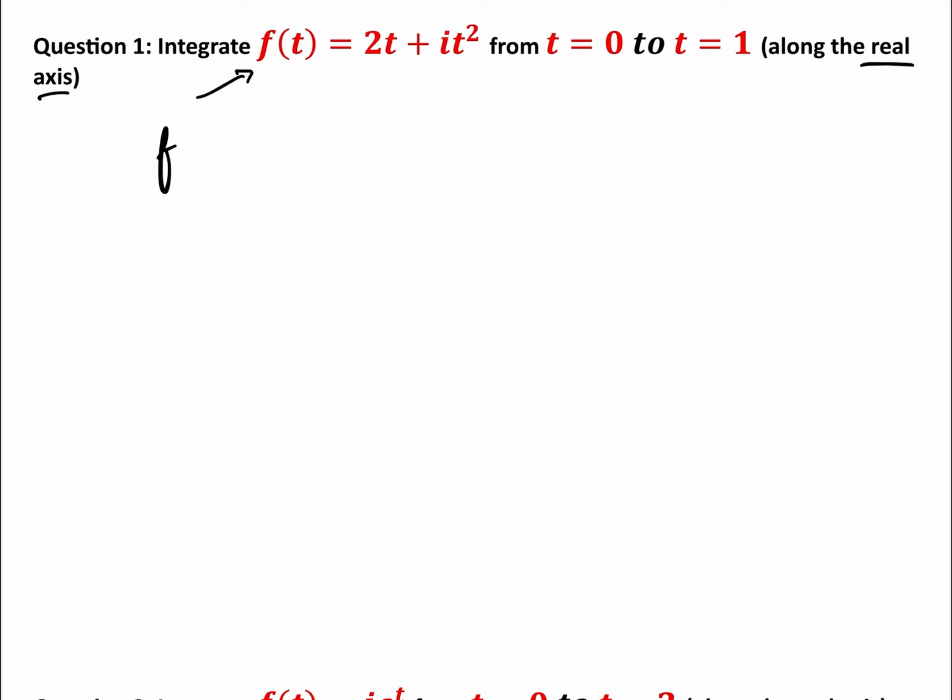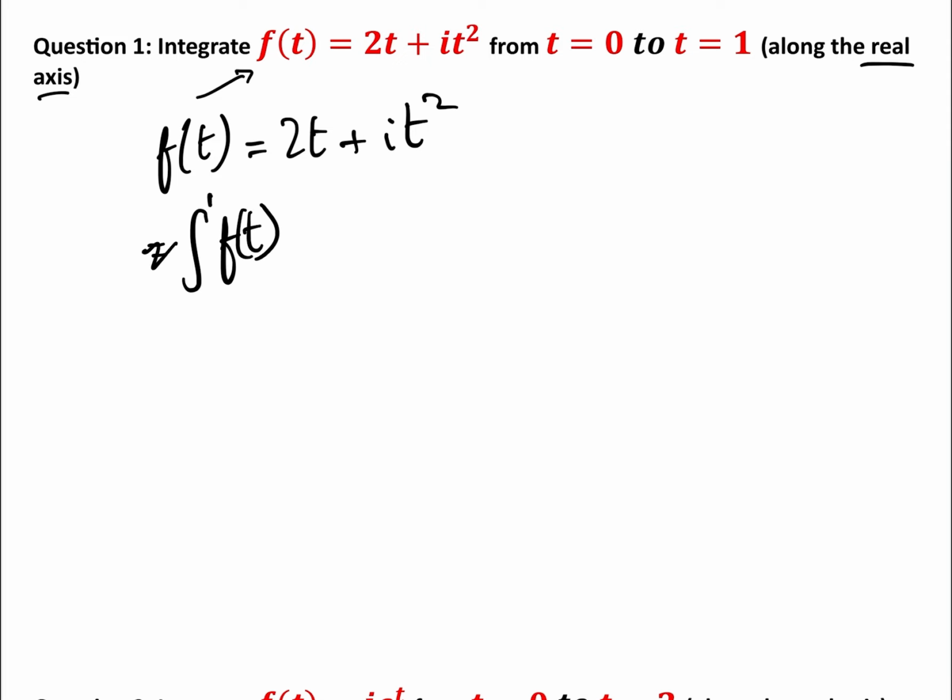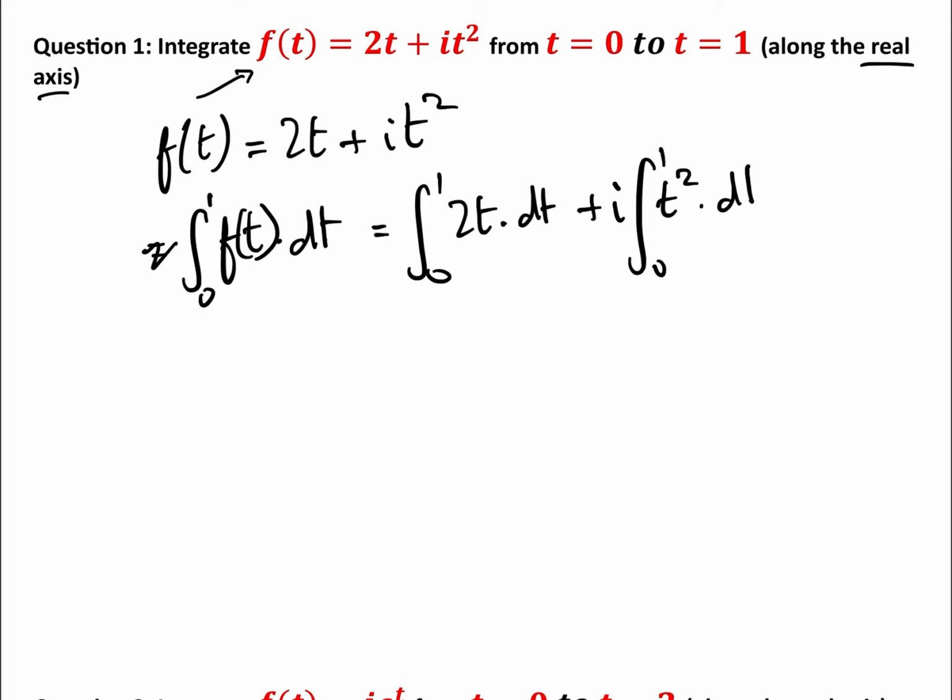So basically we have f of t is 2t add i t squared, and therefore the integral of f of t between 1 and 0 dt is equal to, as we've just said above, the integral between 1 and 0 of the real part, 2t dt, add i times the integral between 1 and 0 of the imaginary part, which is t squared dt, and this is going to look mighty familiar.